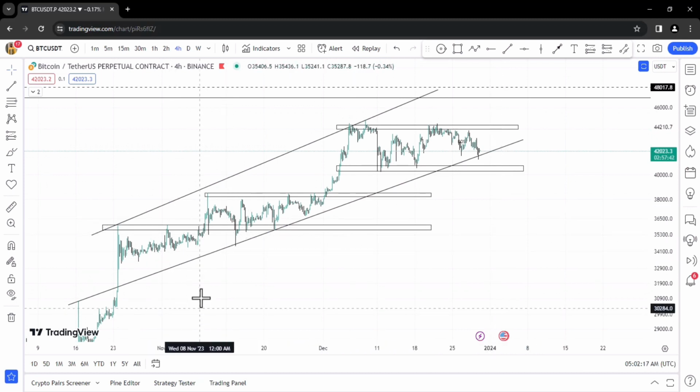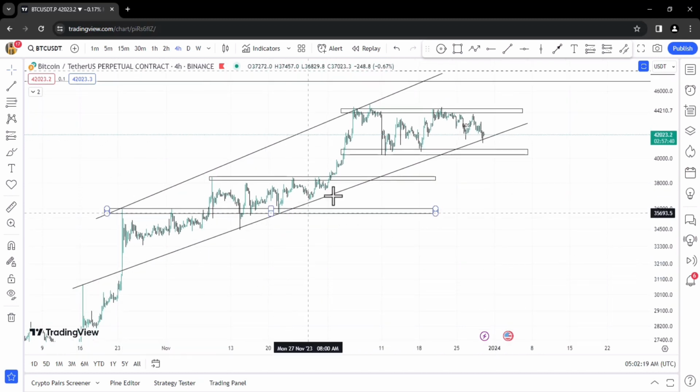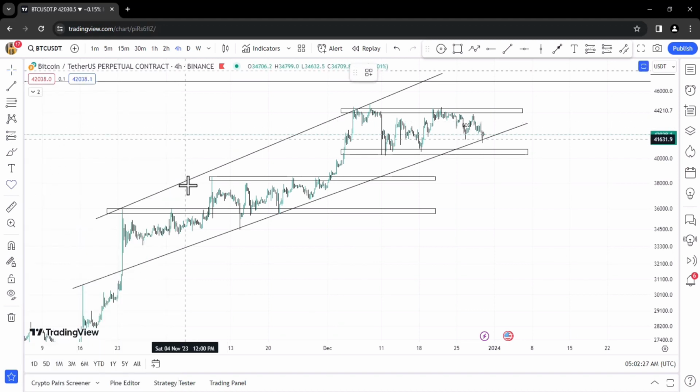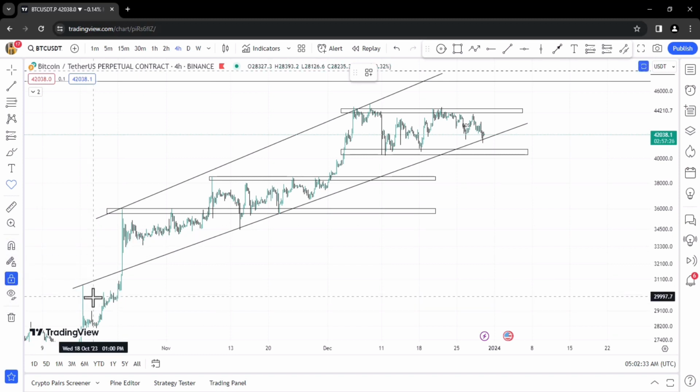And you could see how I drew this trend line somewhere around here.